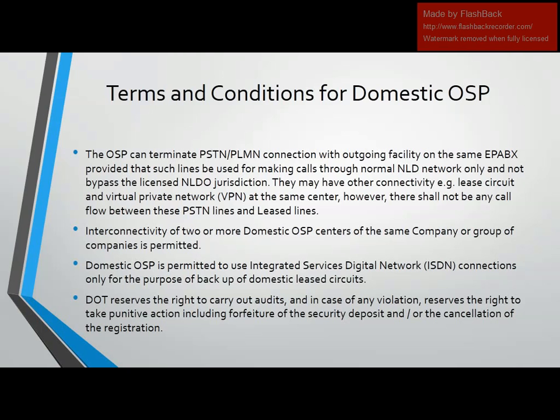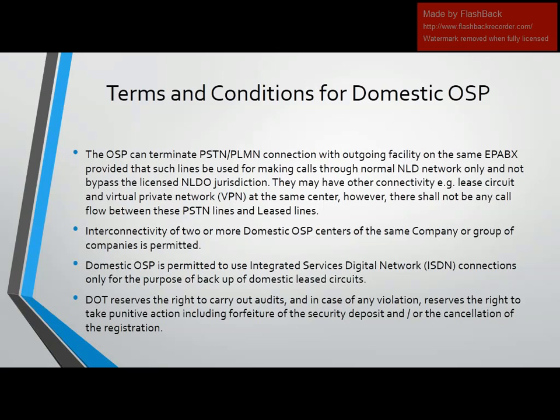Interconnectivity of two or more domestic OSP centers of the same company or group of companies is permitted. Domestic OSP is permitted to use integrated services digital network, ISDN, connections only for the purpose of backup of domestic lease circuit.